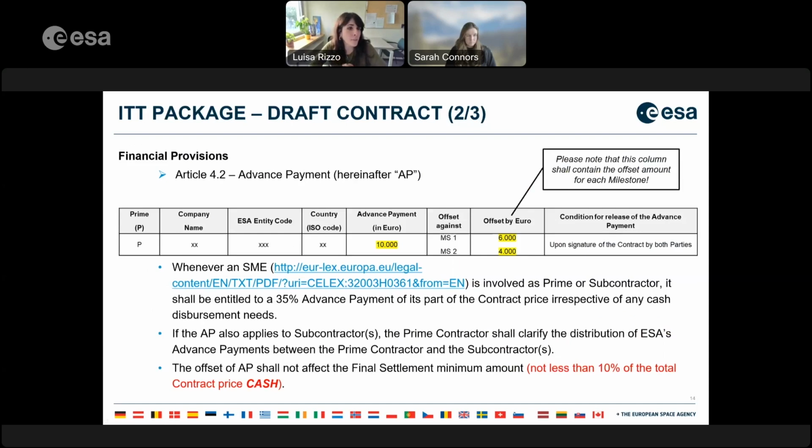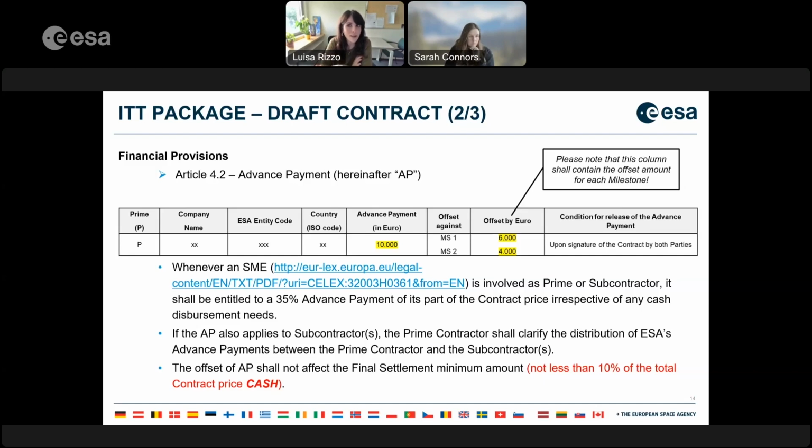With regard to the milestone payment plan, one of the most common questions is how to fill in the advance payment section. Generally speaking, whenever an SME, as defined by the European Commission, and here you can find a link containing the specific definition, is involved as prime or subcontractor in a consortium, it shall be entitled to a 35% advance payment of its part of the contract price, irrespective of any cash disbursement needs.